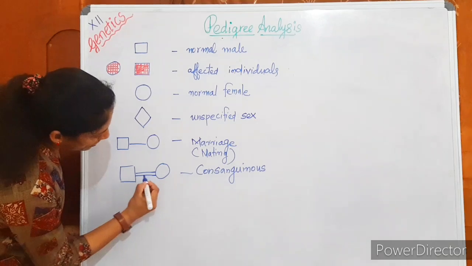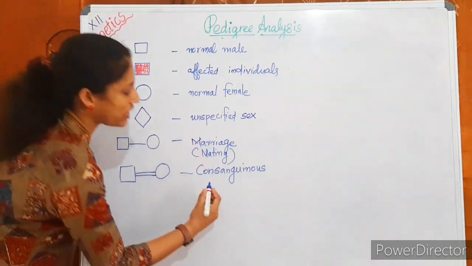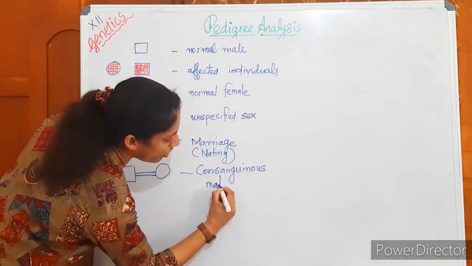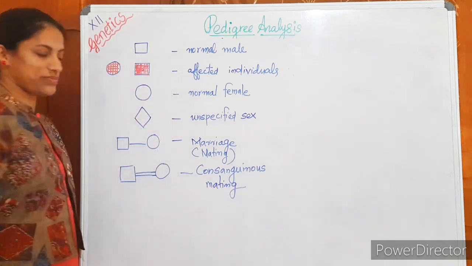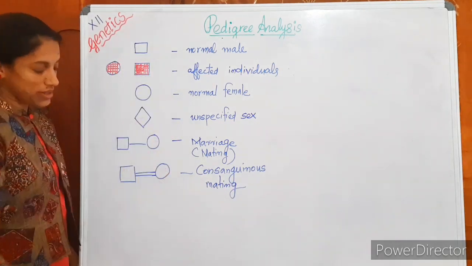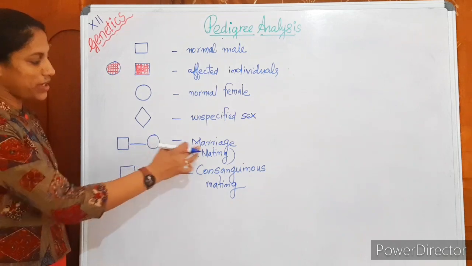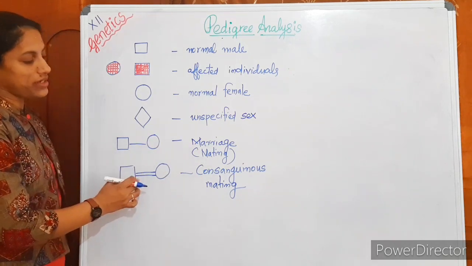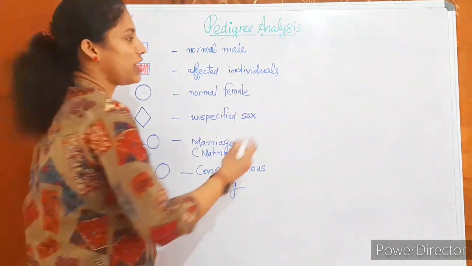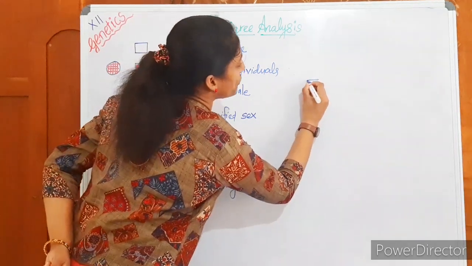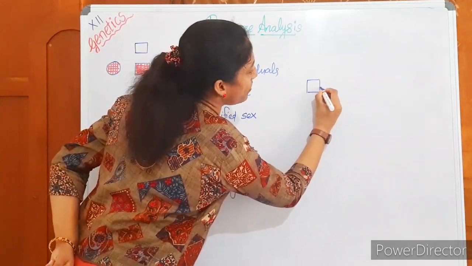So we represent it by a double line to indicate consanguineous mating or relatives' marriage. These are the common symbols used: this line indicates the mating or marriage line, and this double line indicates relatives' marriage. And usually the first generation is written at the top.